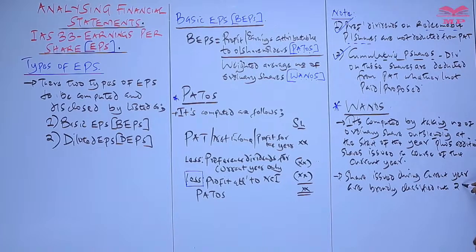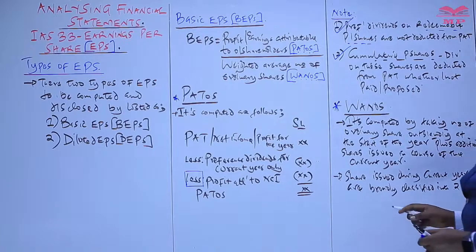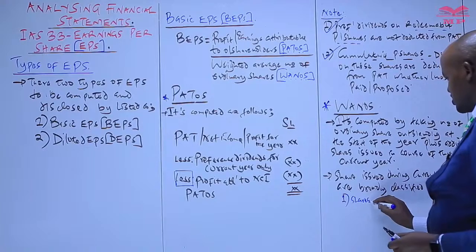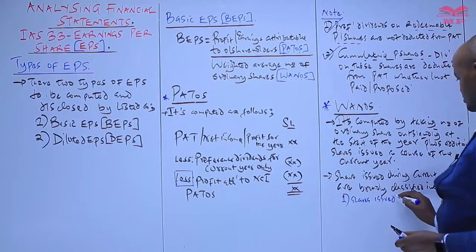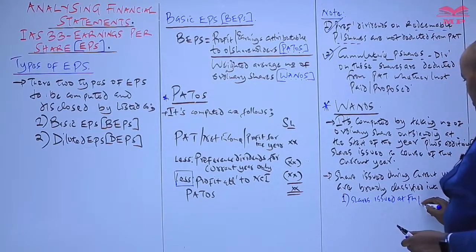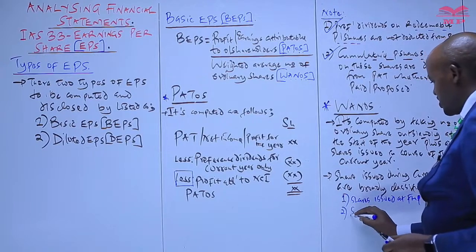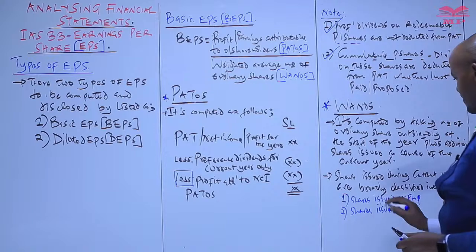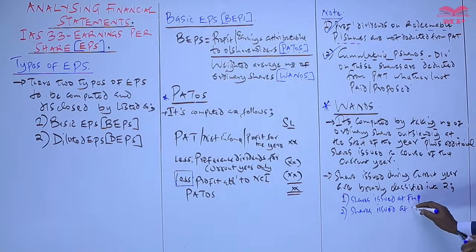Number one, shares issued at full market price, and number two, shares issued at nil or no consideration.